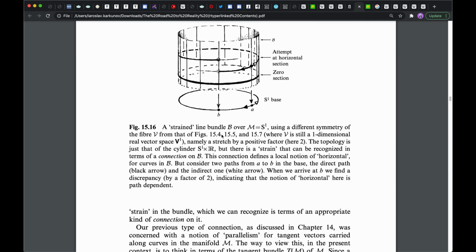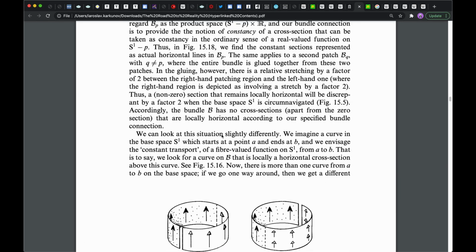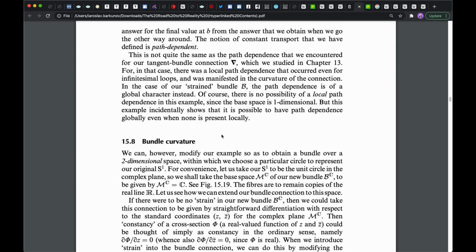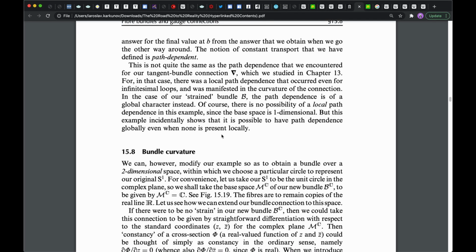Okay, so afterwards, at the end of that section, he said that if you want to obtain something like a curvature, and not a global path dependence but a local path dependence, we should have a more dimensional base space.